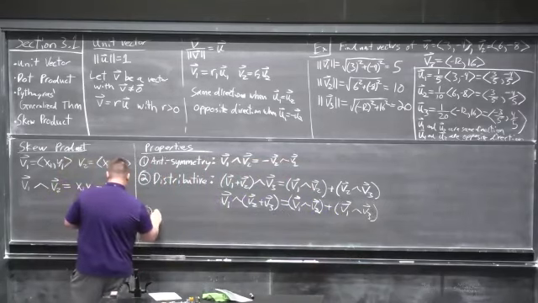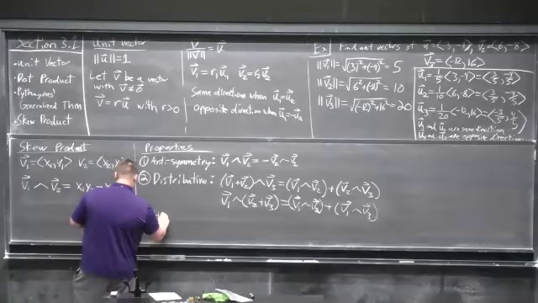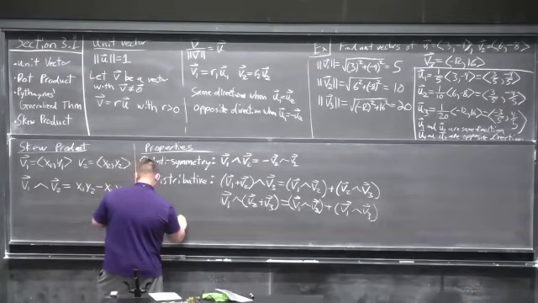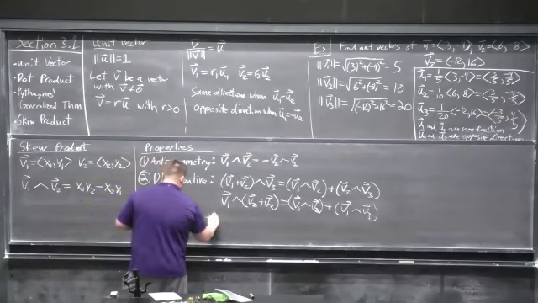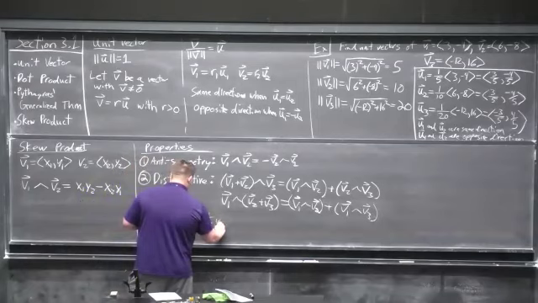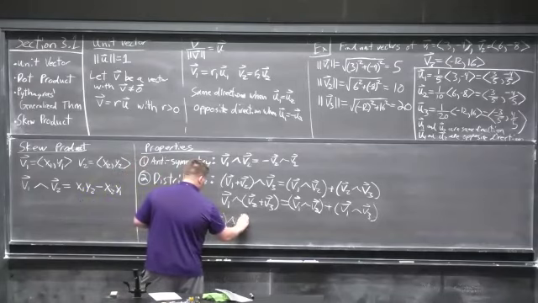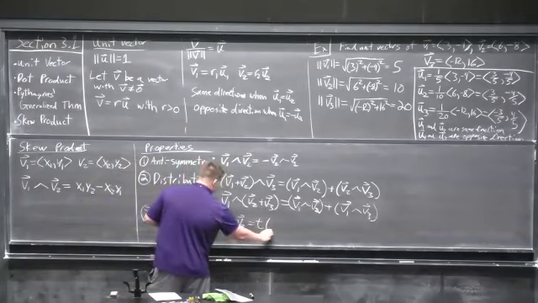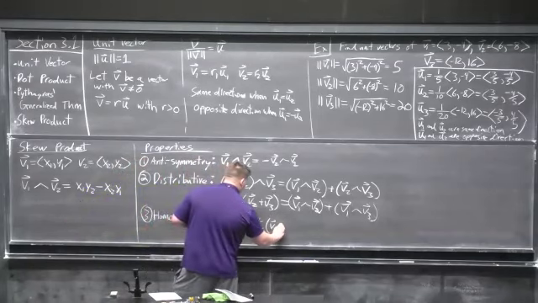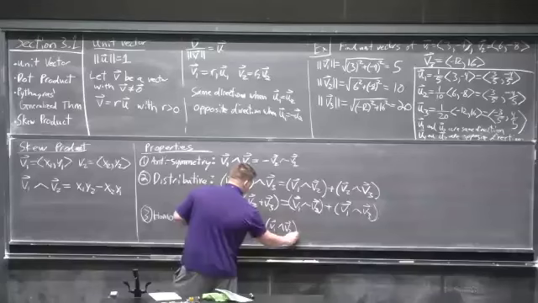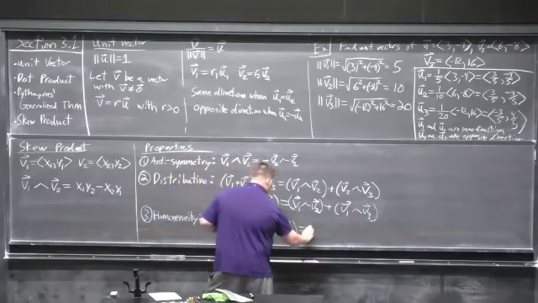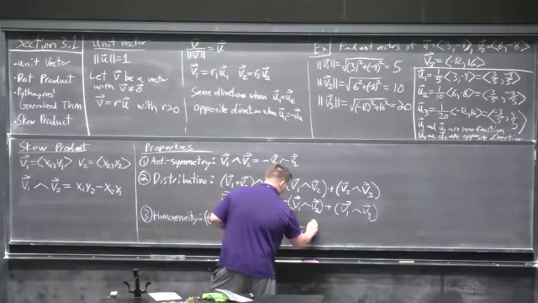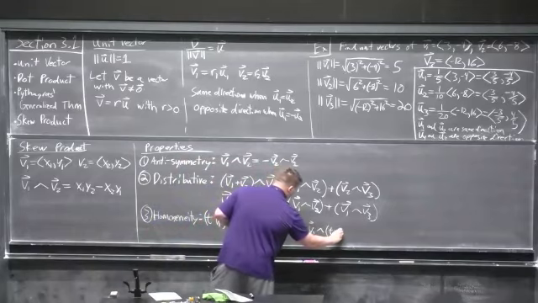Third, we have homogeneity, which is that if I attach this T to V1 and I skew this with V2, that is the same as T times V1 skew V2, which is also the same as if I attach this T to V2, I get V1 skew quantity T times V2.